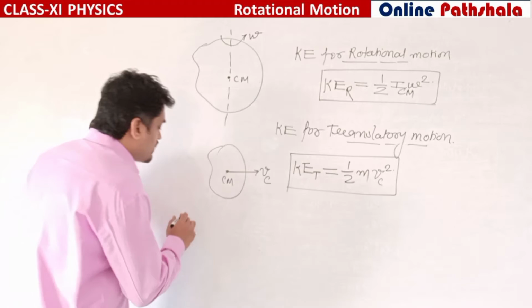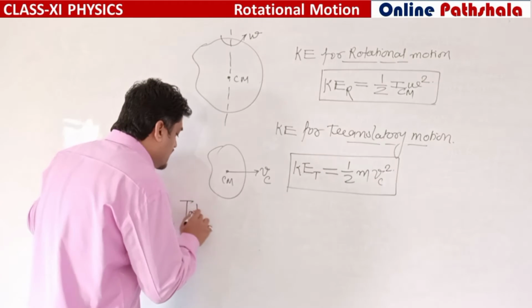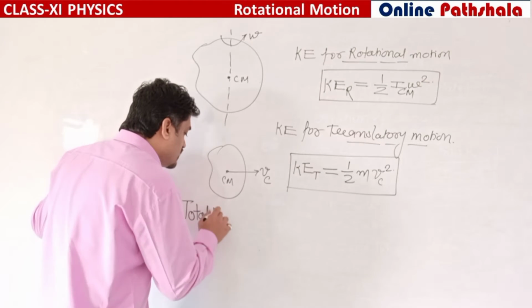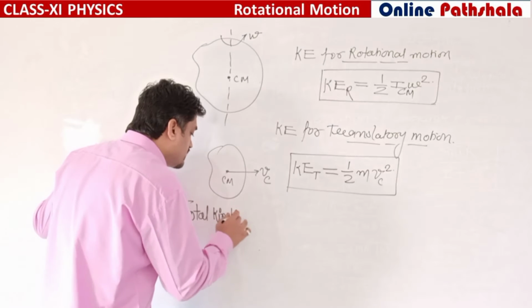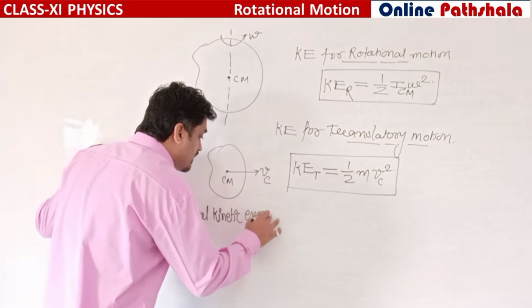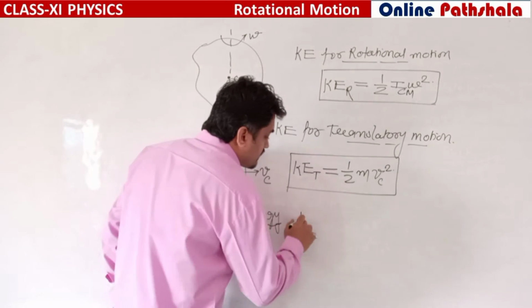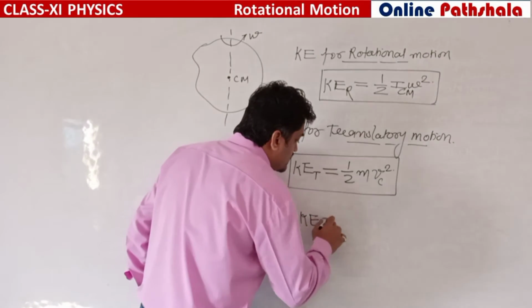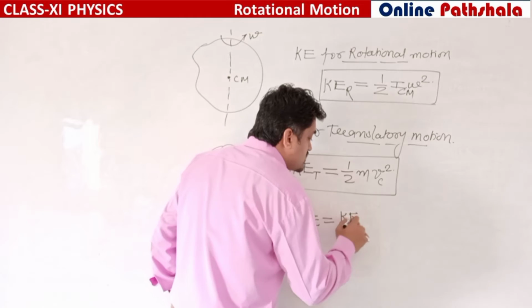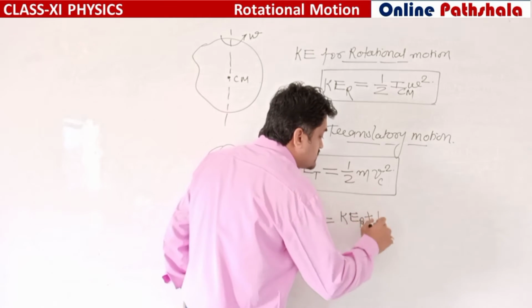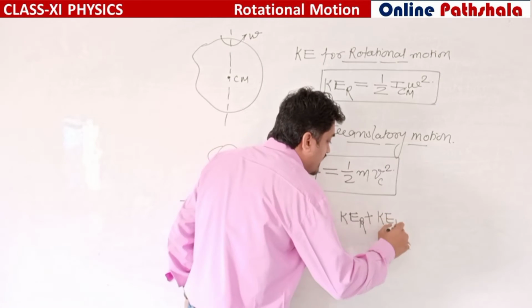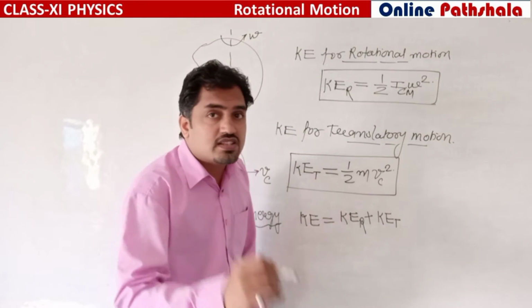And if we talk about the total kinetic energy, it is the summation of the kinetic energy for rotational motion and the kinetic energy for translatory motion.